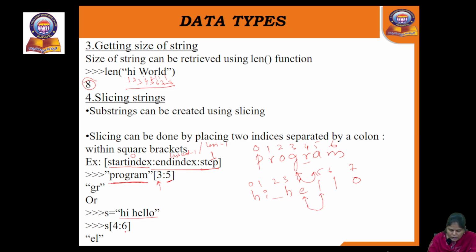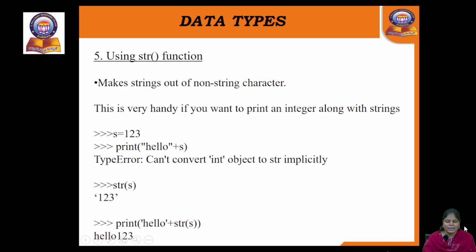The last index I have mentioned is 6, so it will go only up to 5 and won't consider the 6th index. The character at index 4 is E, and the character at index 5 is L. So this is the output for the hi hello string. This is what we call slicing.